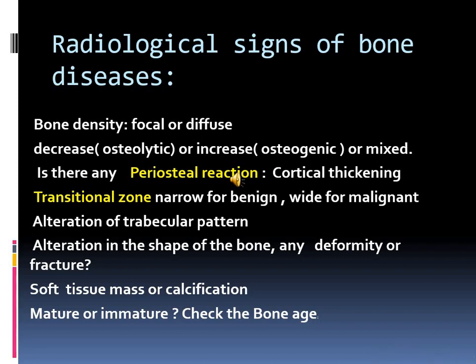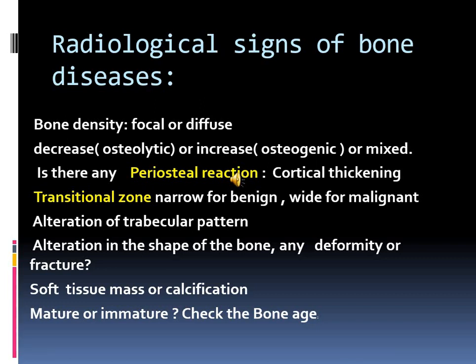It is very important to try to describe the features of the pathology in the X-ray. So here we have multiple radiological signs that can help us in the diagnosis or description of at least an X-ray or a pathology. First of all, we should check the bone density. If it is focal, that means it is localized to a certain part of the bone, or if it is diffuse, that means involving whole parts of the bone or multiple bones.